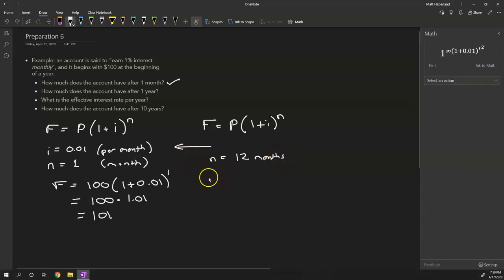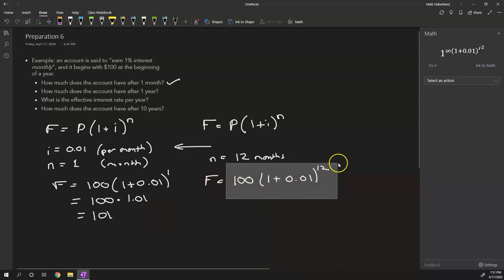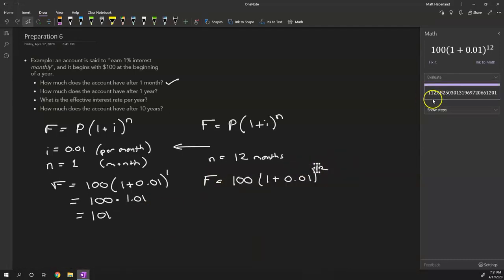Plugging that in, F is equal to the initial amount, $100, multiplied by 1 plus 0.01, the effective interest rate per month, to the 12 months. That evaluates to $112.68, not just 112, but 112.68.